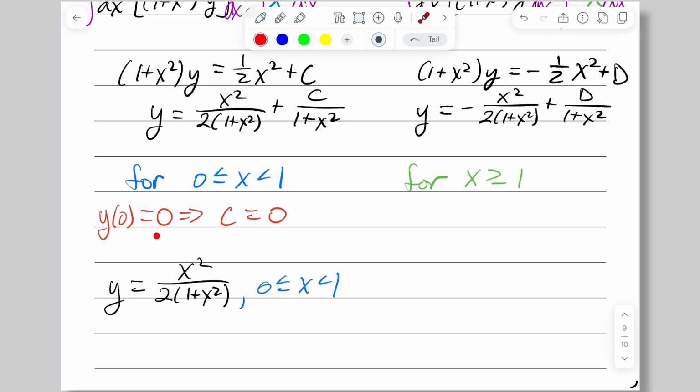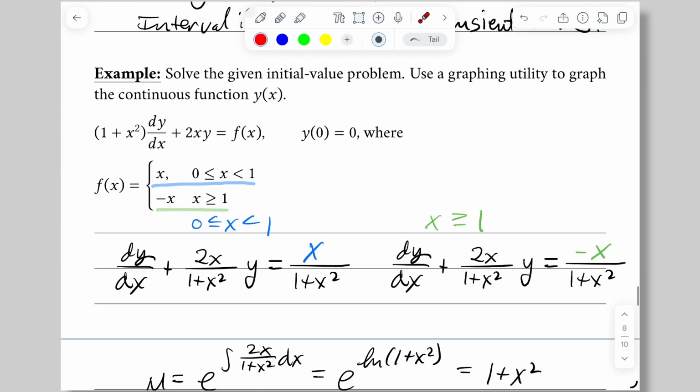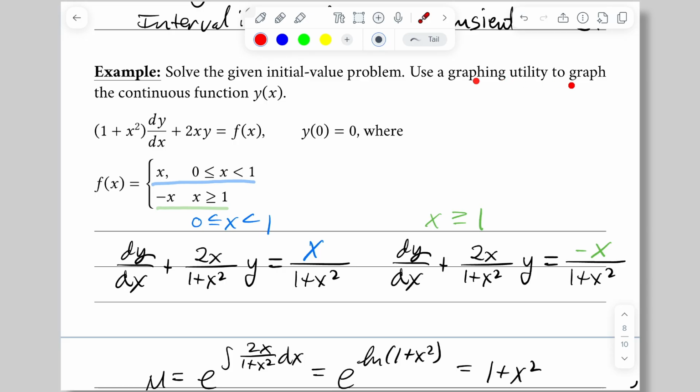We don't get to use that same initial condition to find d because d was associated with a solution that was only good for x greater than or equal to 1. Obviously, if x is 0, x is not greater than or equal to 1. I'm going to go back to the instructions here, and we were told to expect a continuous function.